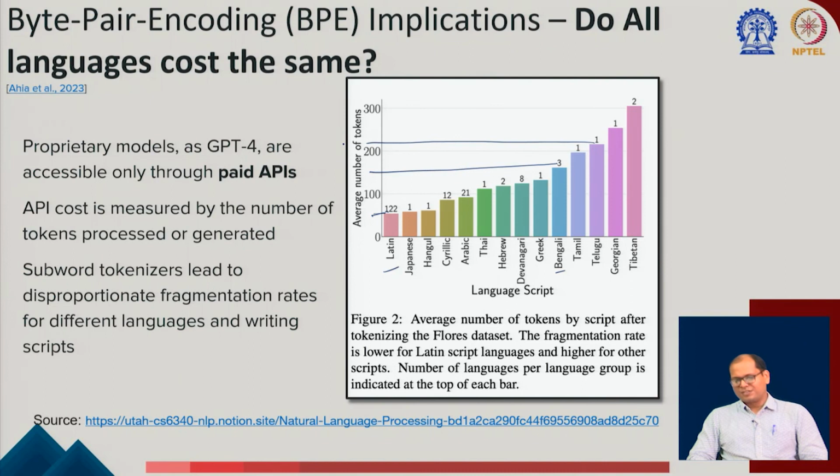That is one bad thing that comes with this, and you can guess why: it's all based on frequency in the data. If in your pre-training data some languages are less frequent, you will typically analyze them as characters or very small subwords. While if some language is very frequent, you will get longer units. So a language that is more frequent in the pre-training data will typically be analyzed into fewer tokens, and a less frequent language will be analyzed into more tokens, right?